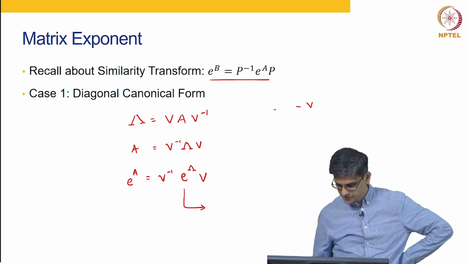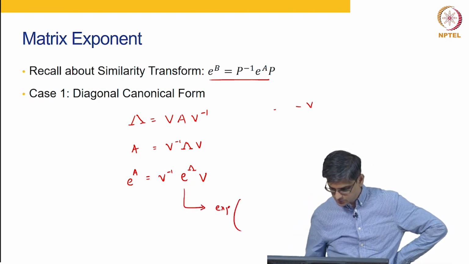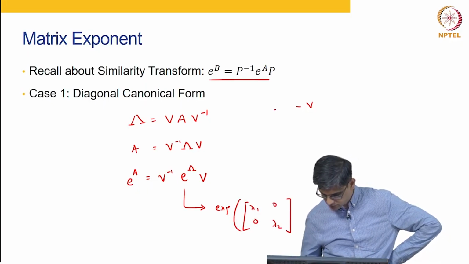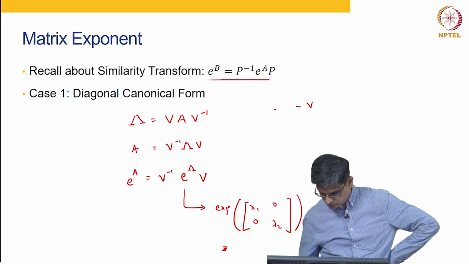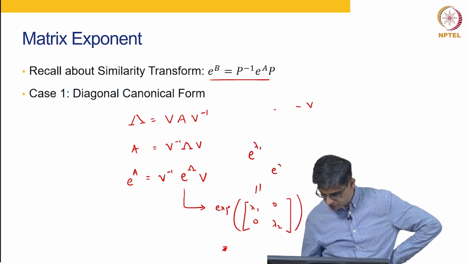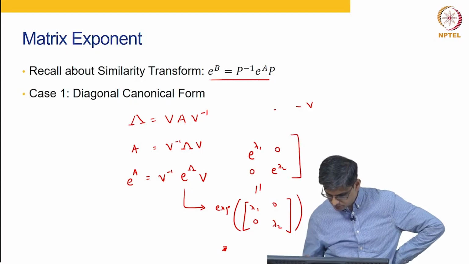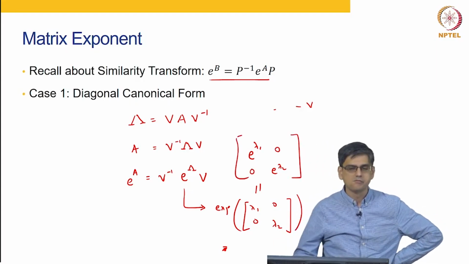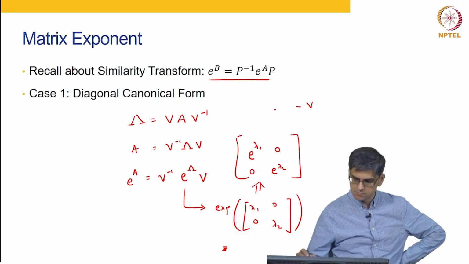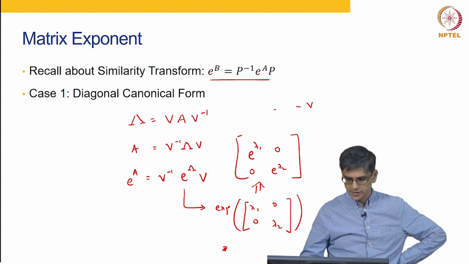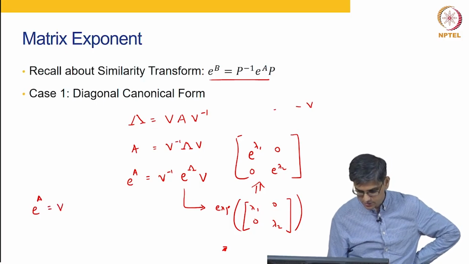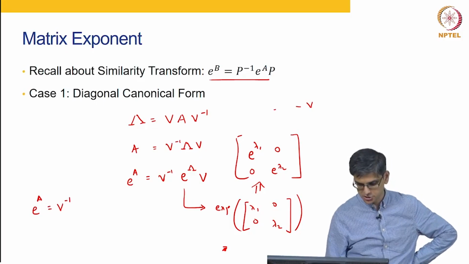The beauty of this is that the exponent of a diagonal lambda is equal to e to the power lambda 1, e to the power lambda 2, 0, 0. So if you want to find e to the power A, get the eigenvector decomposition.